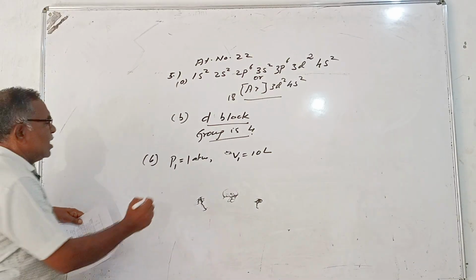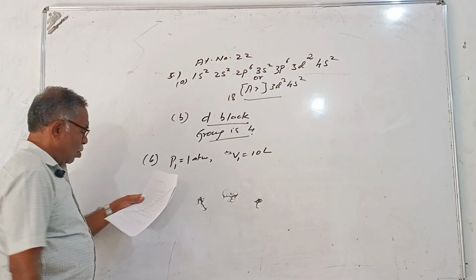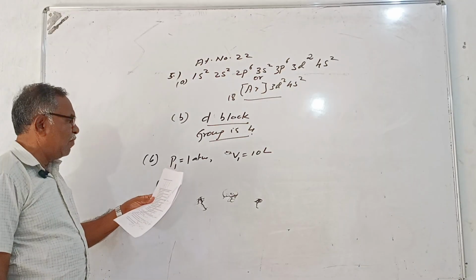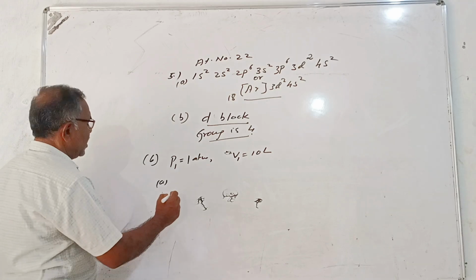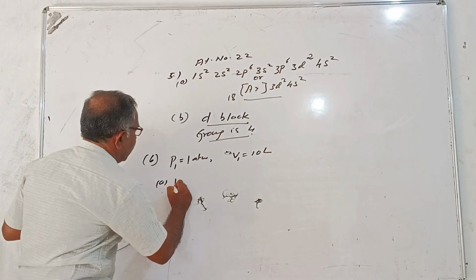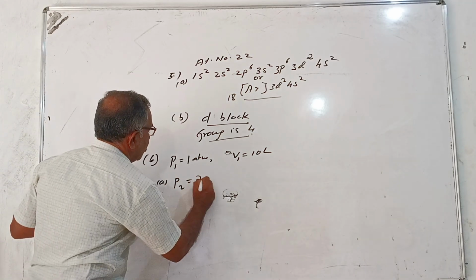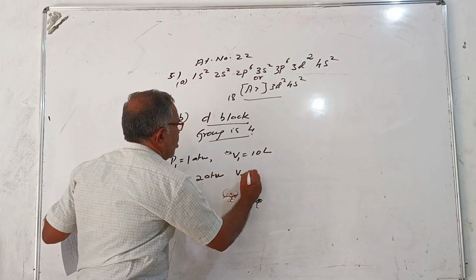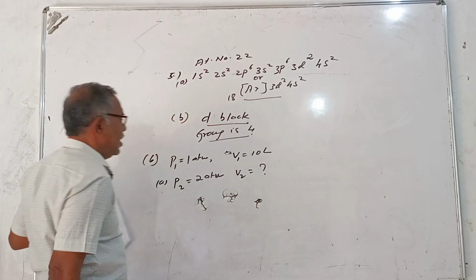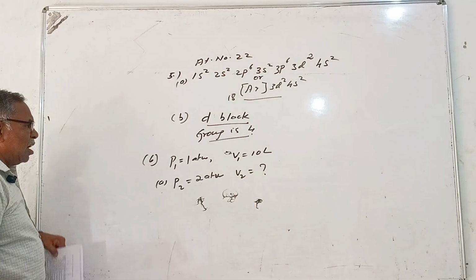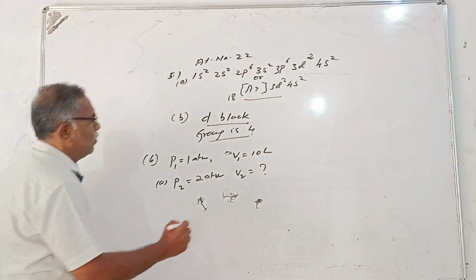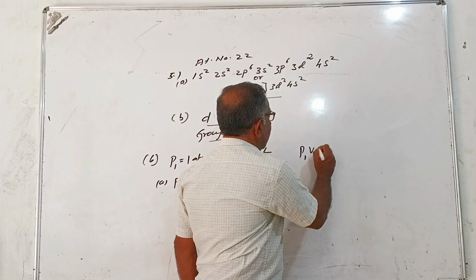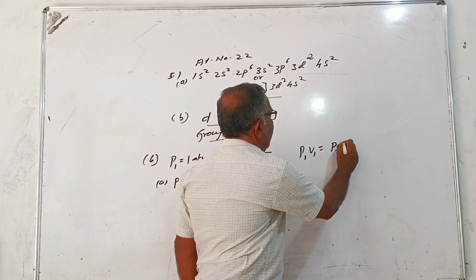What is the question here? What will be the volume if the pressure is increased to 5 atmosphere? That is, when the pressure P2 is 5 atmosphere, what is the volume V2? Apply Boyle's law: P1 V1 is equal to P2 V2.